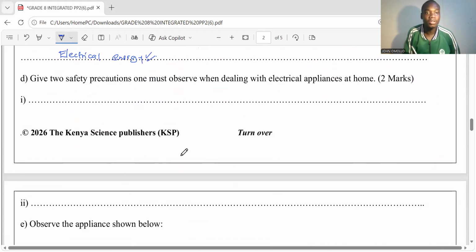Give two safety precautions one must observe when dealing with electrical appliances at home.